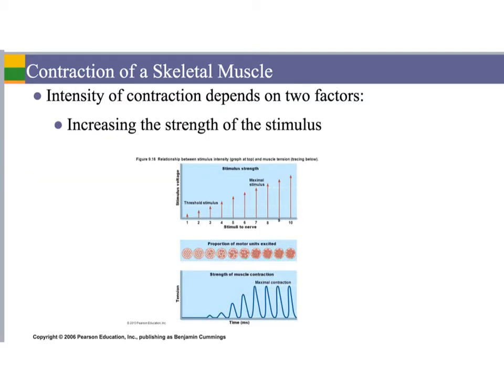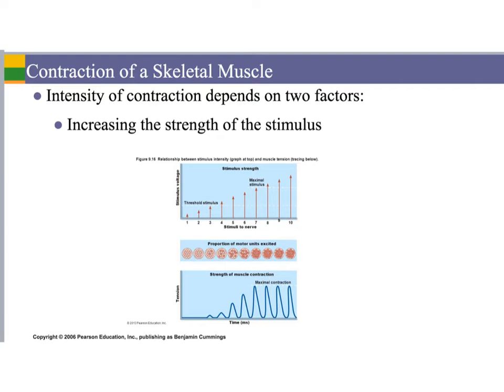So again, the intensity of contraction depends on two factors. First, increasing the strength of the stimulus. So we're increasing the strength of the stimulus from our spinal cord, from the motor neuron, depending on what the response needs to be. That means that we're stimulating more motor units.